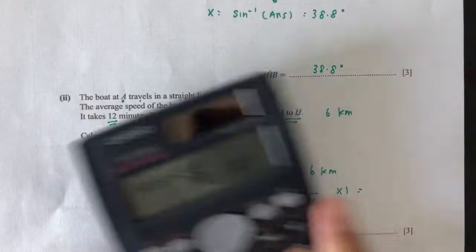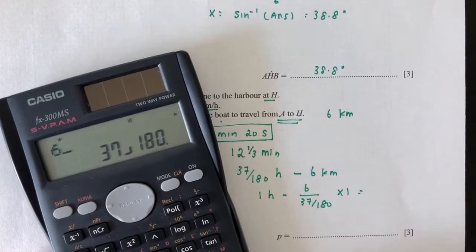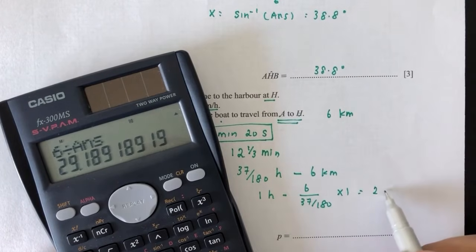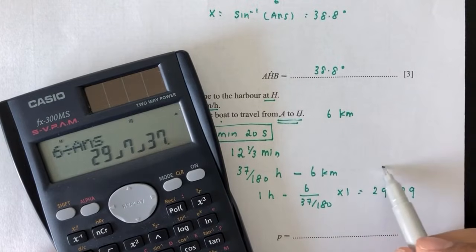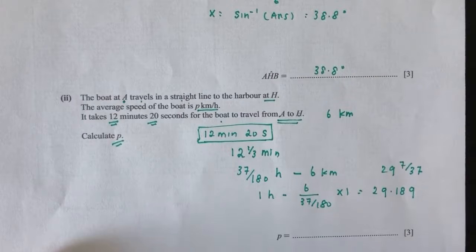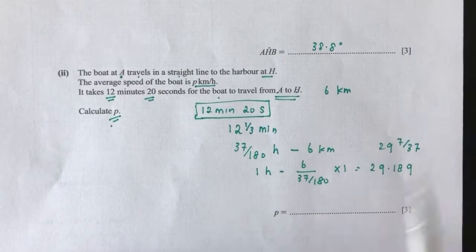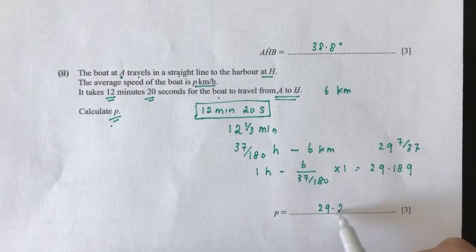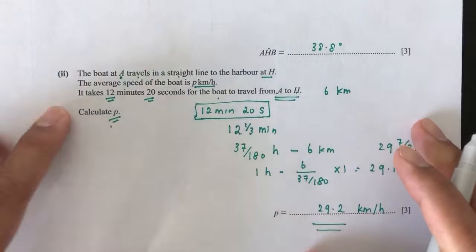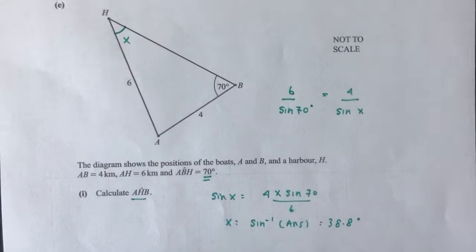So what do you get? 6 divided by it is 29.7 over 37. The value of p will be 29.2, correct to 3 SF, kilometers per hour. That is your answer for part 2, and that is question number 6.